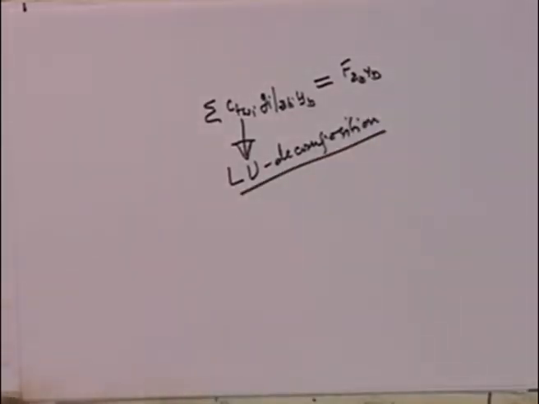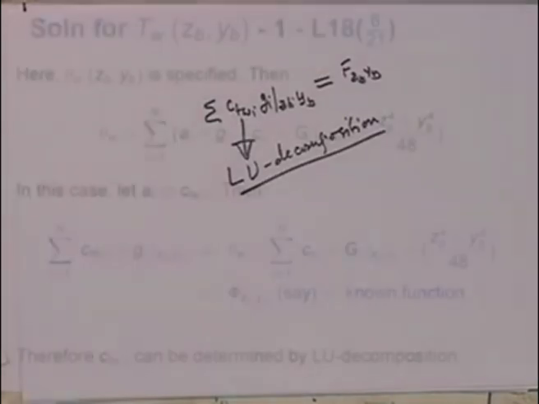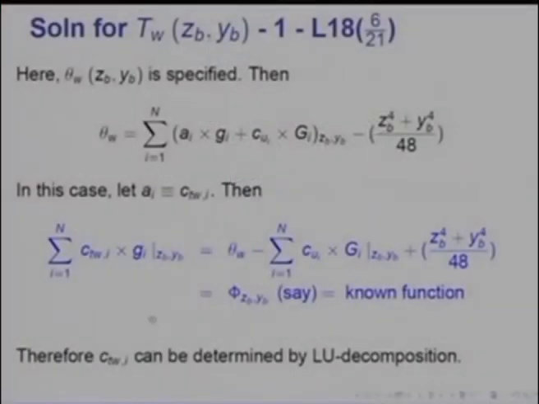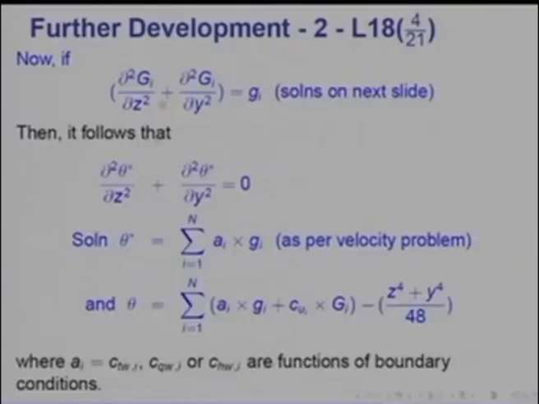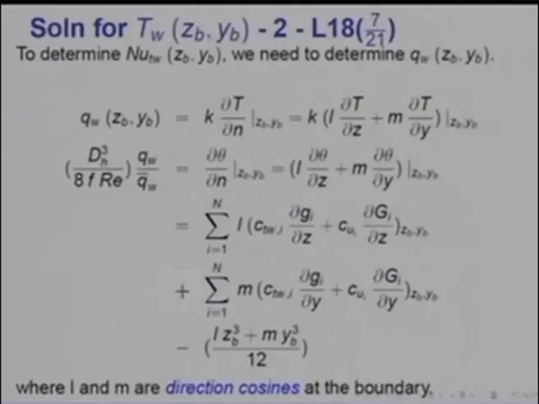So, in this equation then we determine c t w i by LU decomposition, and once c t w i are determined, I get the entire temperature solution as shown here.